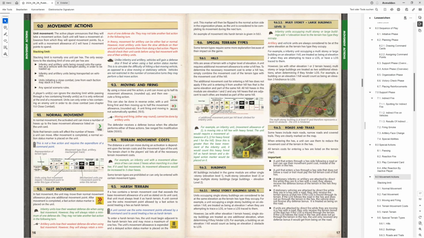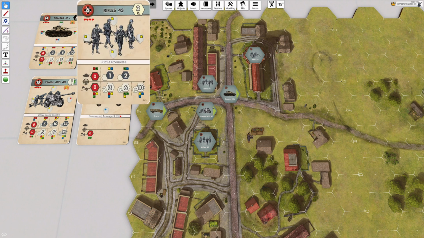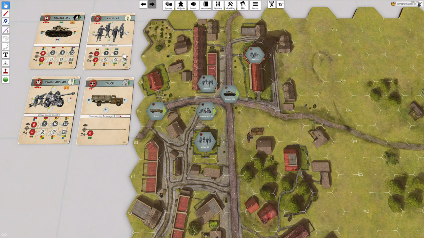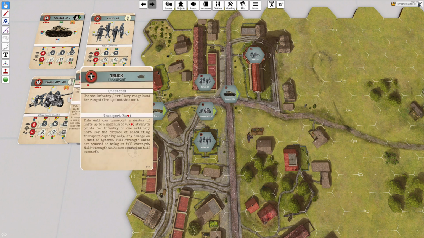For example, a rifle unit has 4 hearts, which simulate strength points. So you can transport this unit onto that vehicle. Then you have a stacking limit of 2. And another exception is the truck. A truck has a transport capacity of 8.